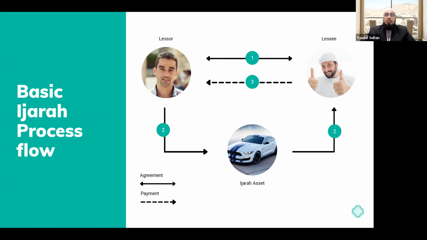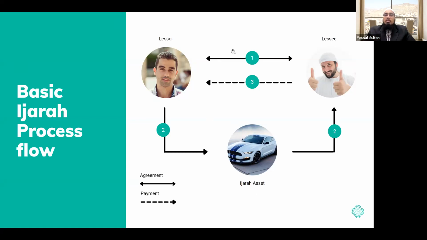In terms mentioned in the fiqh books, the lessor is called ajir, the one who is giving the ijara, and the lessee is mustajir, the one who is taking the ijara. And then we have the ijara asset or ma'jur. Ma'jur is the asset whose utility is given as an ijara.